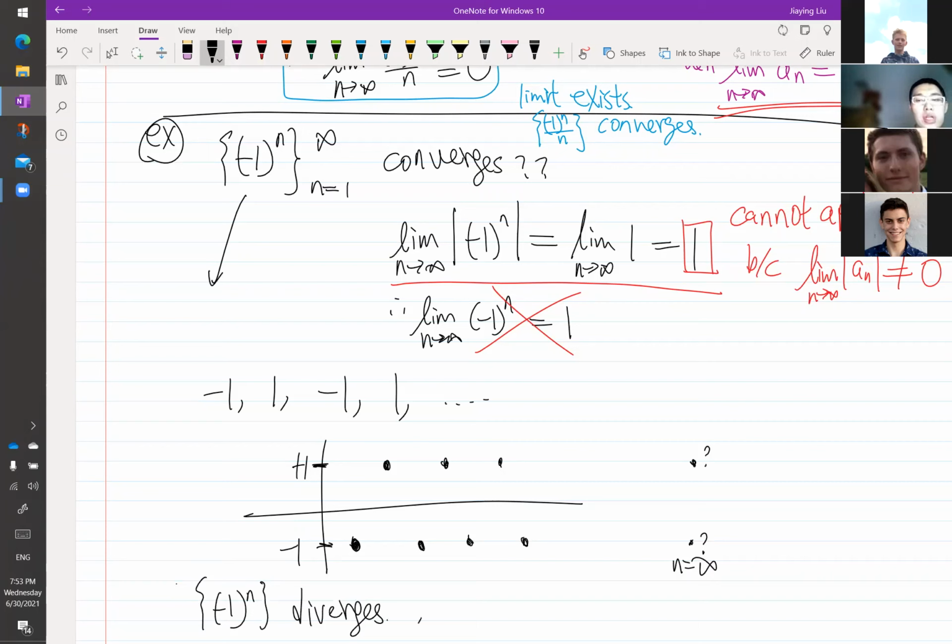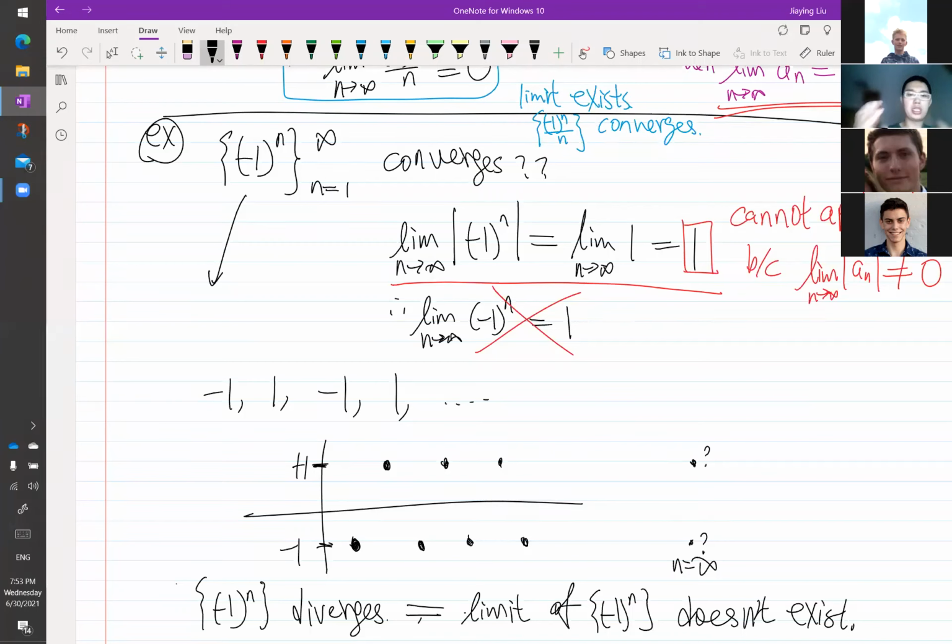There's no limit that the sequence is approaching. So the limit of the sequence doesn't exist. The equivalent statement: you can either say it diverges or the limit of the sequence doesn't exist. I just want to use that example to show you that you have to be careful when you try to use theorem 3.